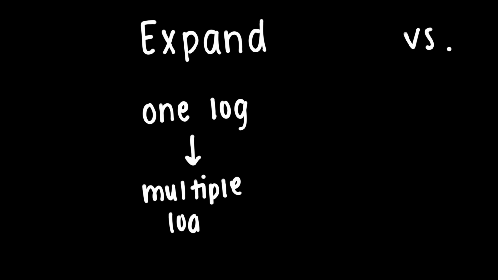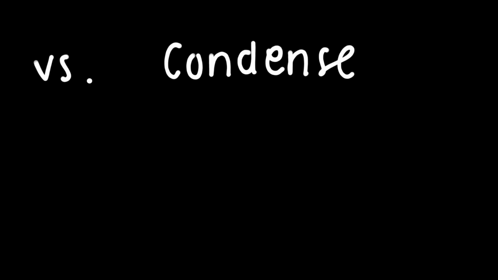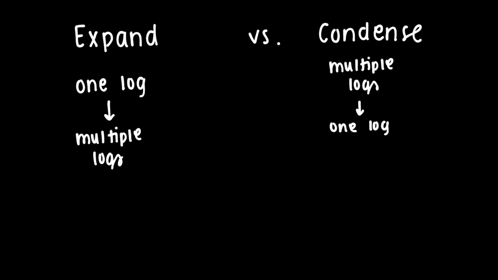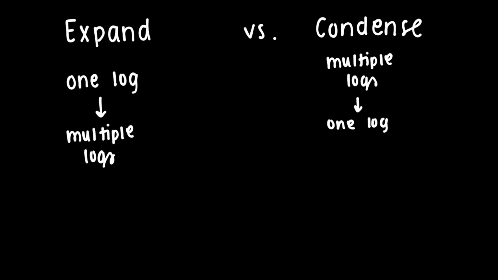And the way we're going to do that is using those properties we just learned. You could also be asked to condense, which is just the opposite of expanding. In this case, you'll have multiple logs, and we're going to ask you to condense them into a single or one log. So remember that expanding and condensing are just opposites of each other.